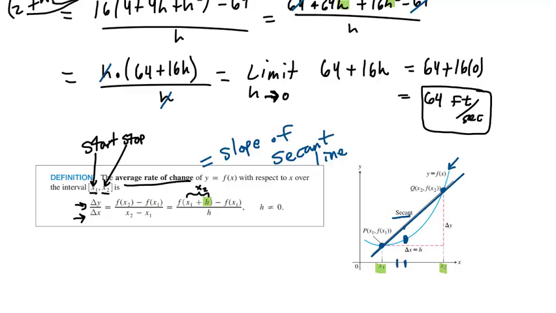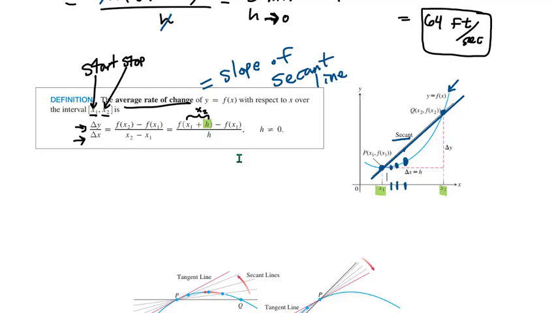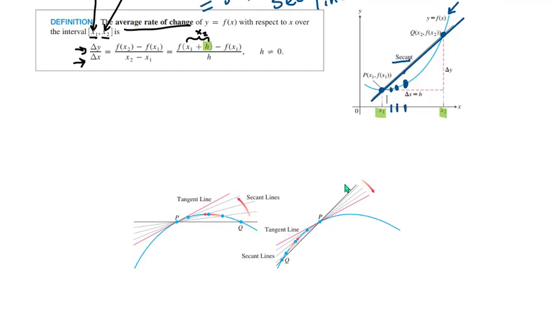Or maybe I want to go even closer, like right there and right there, and eventually you're just zooming in so close to a single point, and that's what is going to become a tangent line. When your points get closer and closer together and become a single point, all of these are secant lines, and then it becomes a single tangent line.